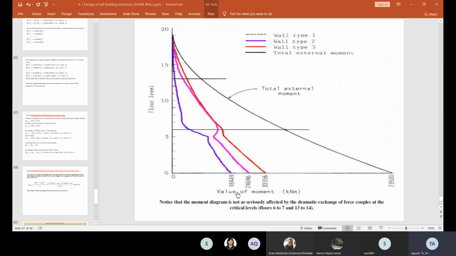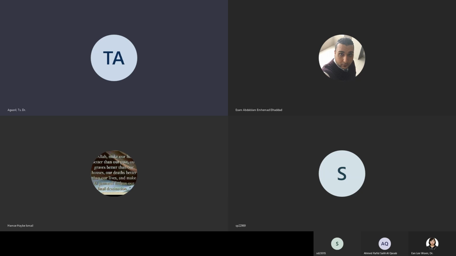Okay, so now I continue. This one I stop first, and I will share the flat slab. I am opening the file.